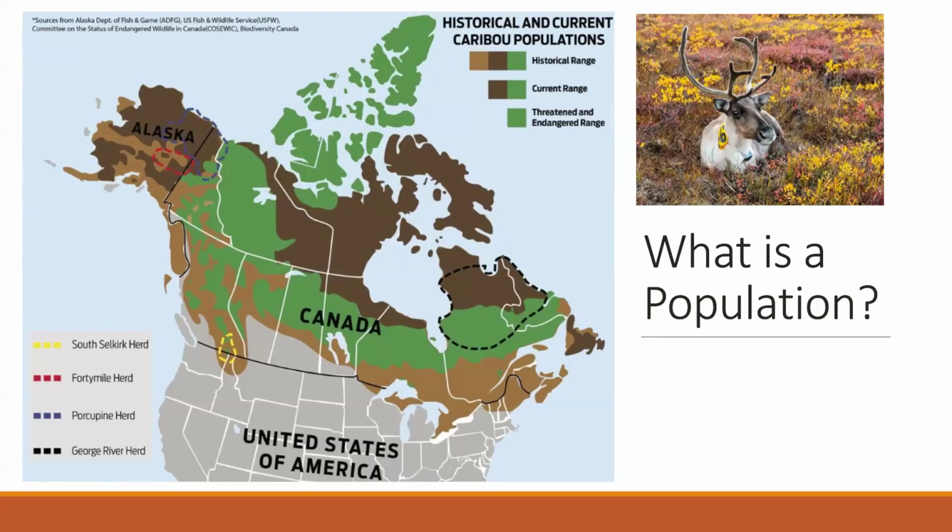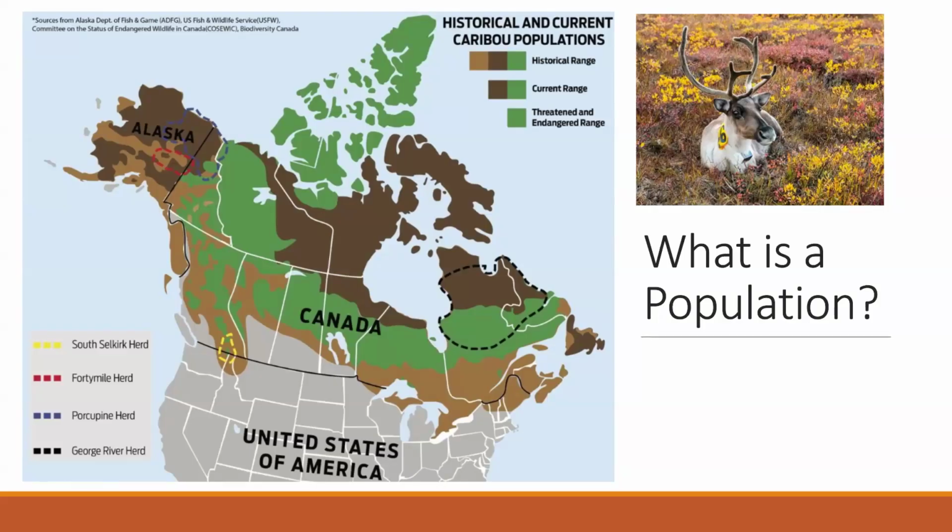So we see from their geographic distances that even though they're all caribou, of the same species, the species is spread out to the point that some of these groups are not really going to interact with the others, right? So there are subgroupings within the species, and we're going to call them populations.